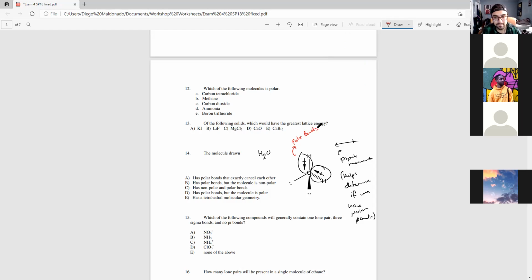Okay. So I have a question. It's a polar bond if it's being pulled one way instead of the other? A polar bond deals with the difference in electronegativity. Basically, if a really electronegative element is bonded to an element that's not high in electronegativity, that electronegative element will pull it towards itself.